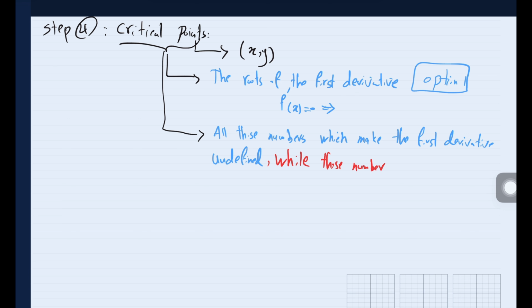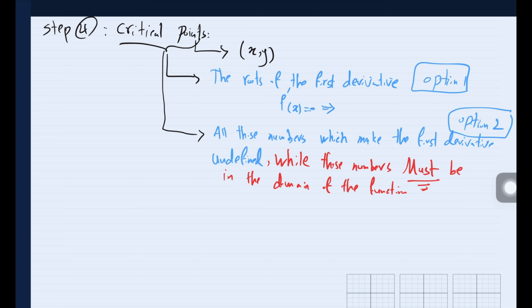So it means if I can find any roots of the first derivative, then those numbers could be our critical points. Or option 2, if there are no roots of the first derivative, there are probably some critical points if those numbers make my first derivative undefined.